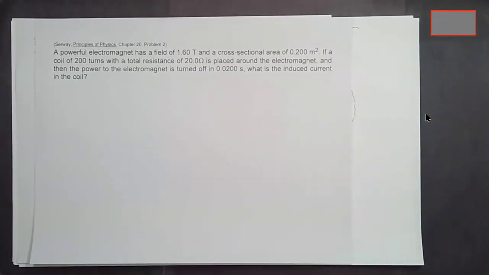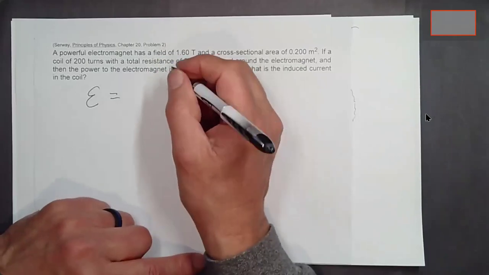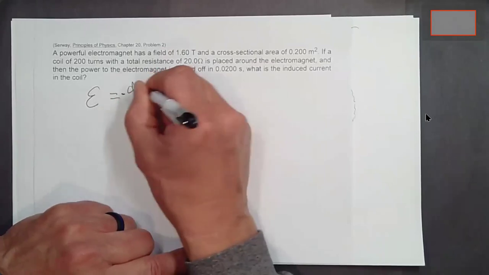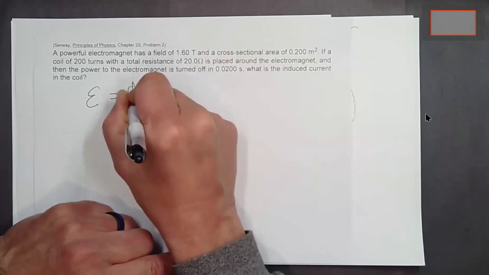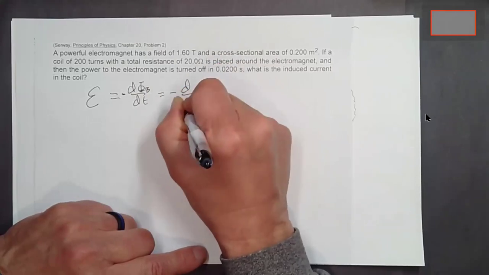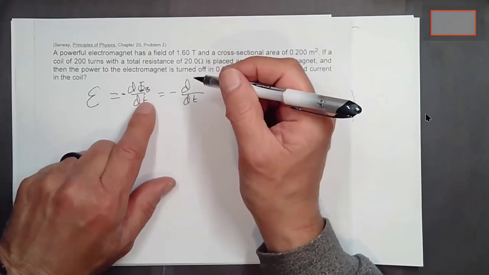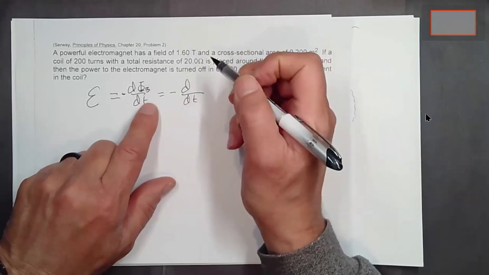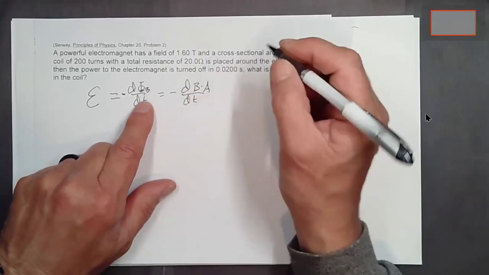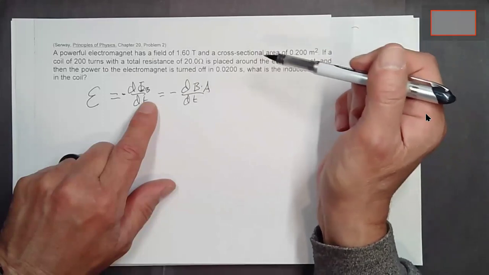Okay, well, this would be an induced EMF, which is going to equal the time rate of change, and usually it's a minus d phi sub B dt, which in this case is going to be minus d by dt of, yeah, just B times A. Oh, except I have to multiply this by N because I've got N turns in my coil, wherever it happens to be.